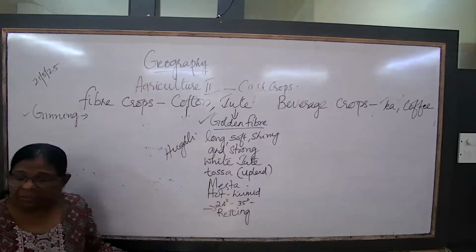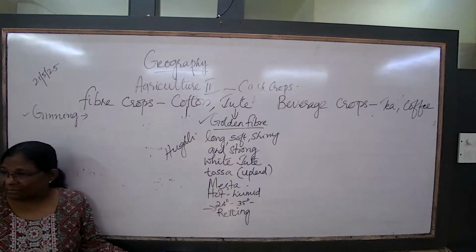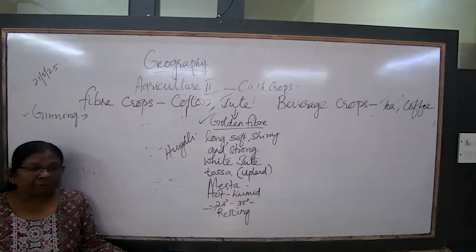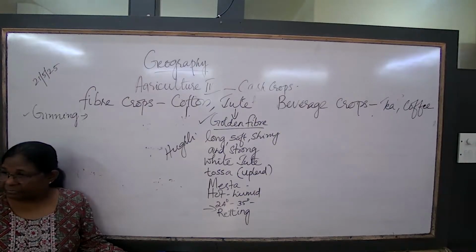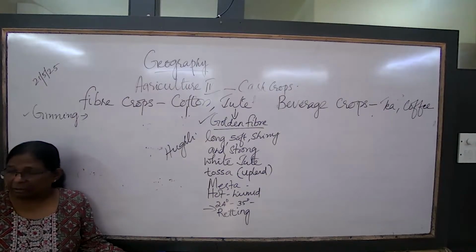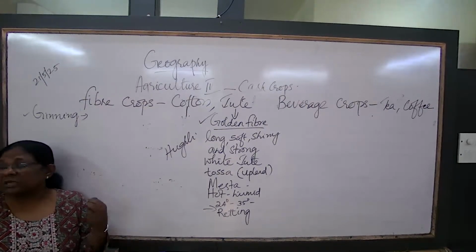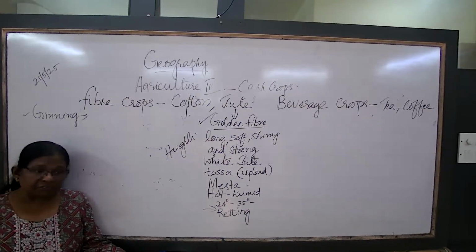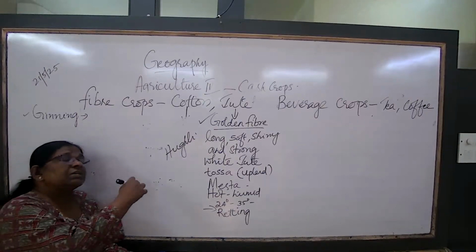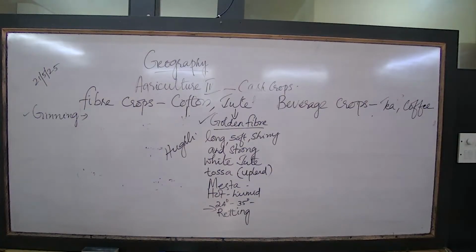Why is jute grown in the Hooghly Basin? Because of the favorable conditions, water availability, and labor. Because this cannot be done by machines, a lot of labor force is required. So all these things are available in this locality. That is why it is grown in the Hooghly Basin.